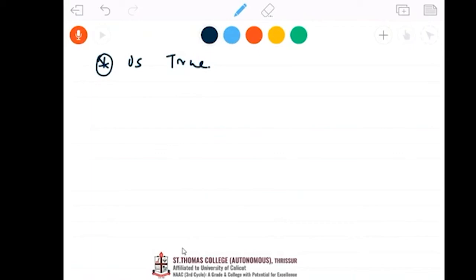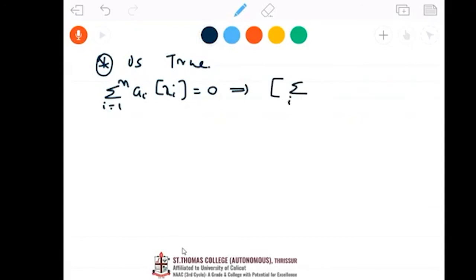So I am going to prove that class x1, class x2, etc., class xn are linearly independent in E over E1. For that, assume that the summation over i equal to 1 to n of ai class xi is equal to 0. So this means class of the summation of ai xi is equal to class of 0.